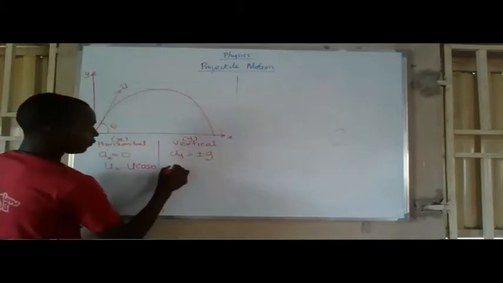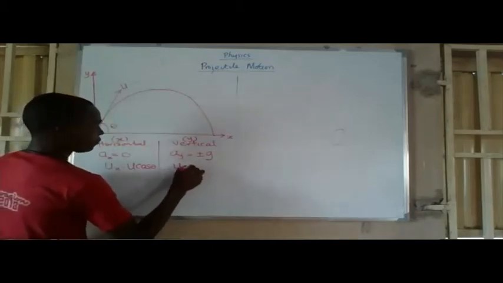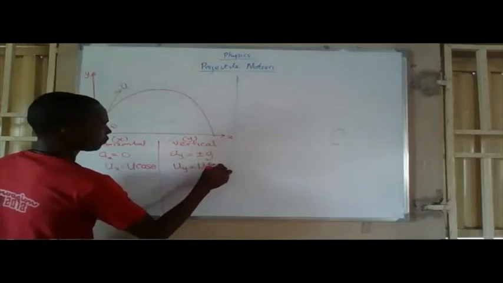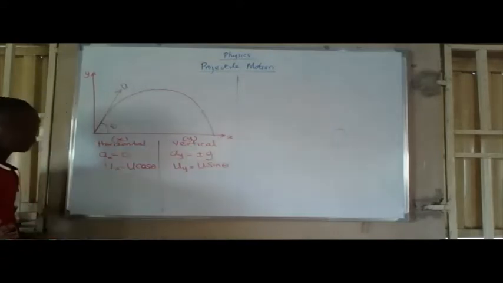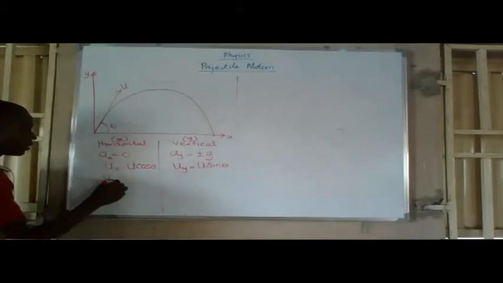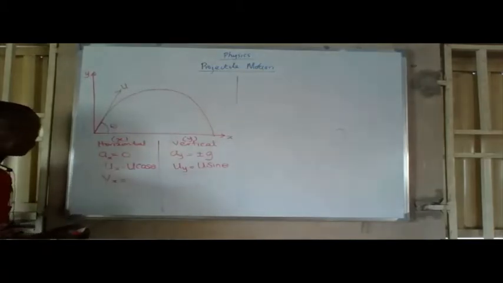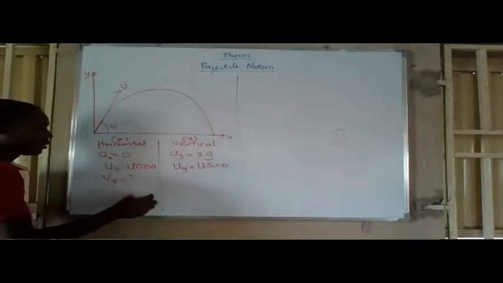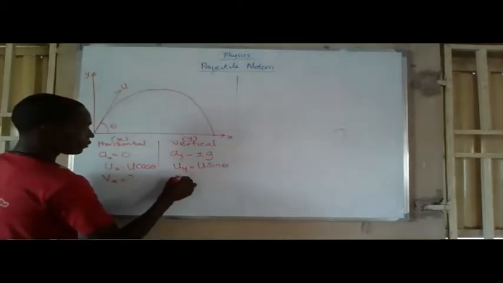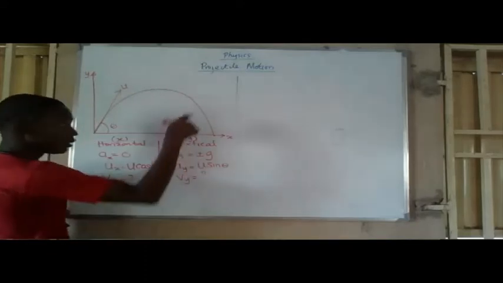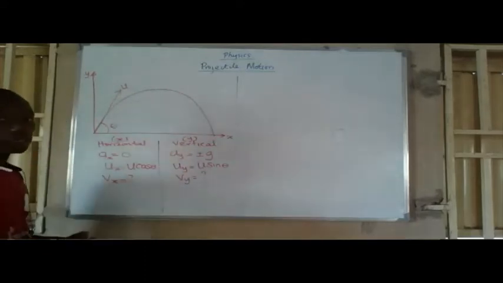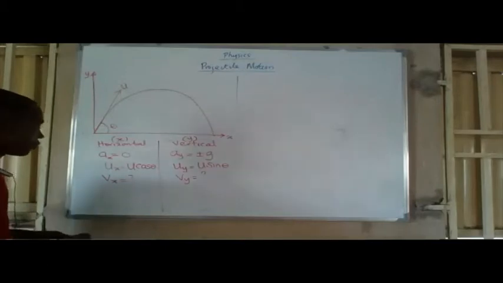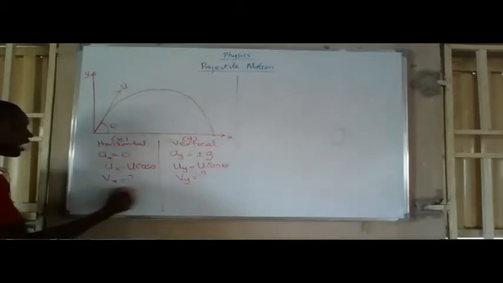While for the vertical, okay, the final velocity Vx has its own expression. Initial velocity, the final velocity Vy also has its own expression that we will derive in the next column and bring back to this place. And time is the same for both.